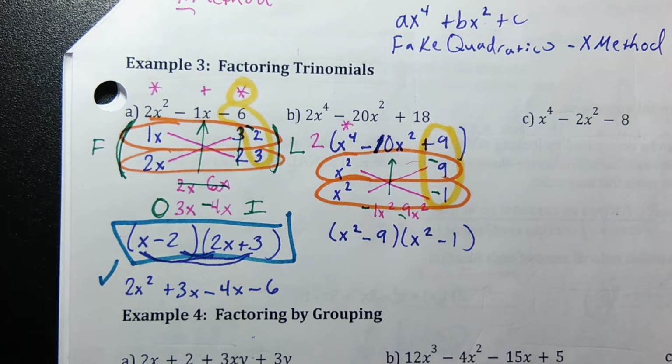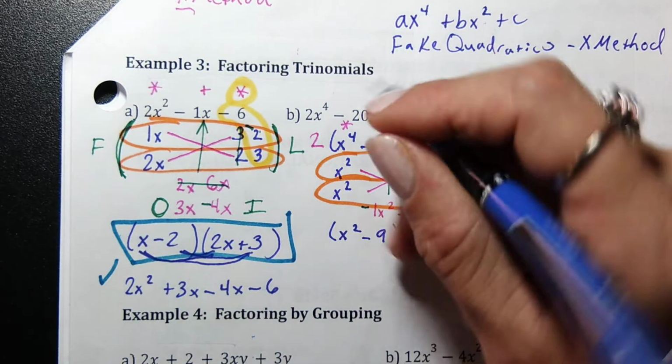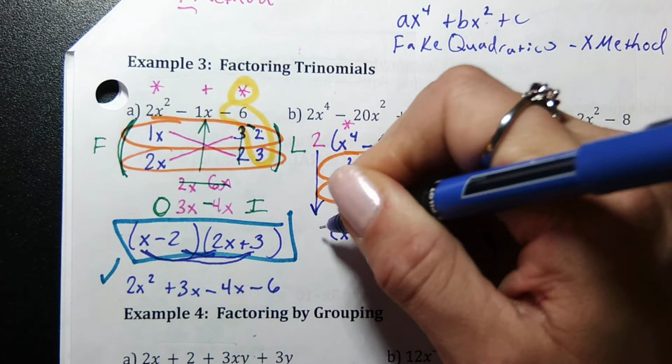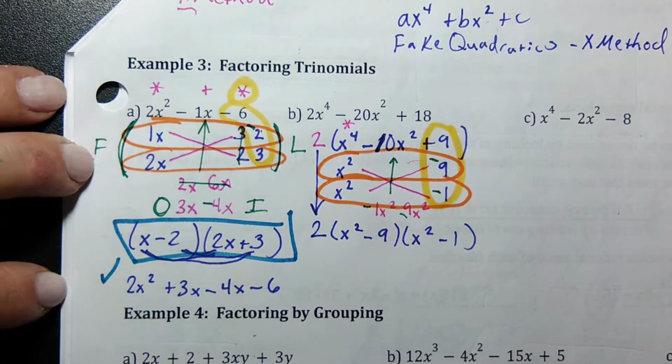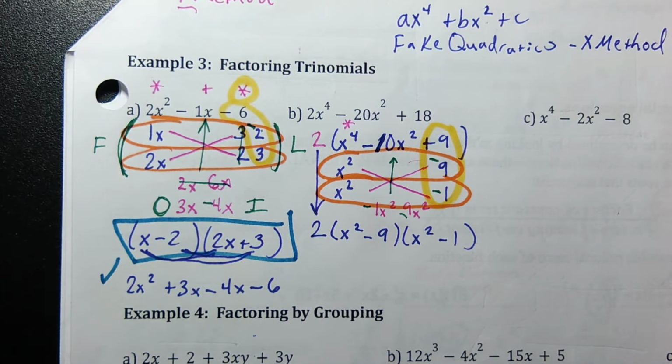Folks, what's the first thing I'm missing as far as this full factorization goes? The GCF. So bring on down that 2. It's part of the factorization. Now, when I said, but wait, there's more, we can actually factor this further. Is anything jumping out at you about x squared minus 9?